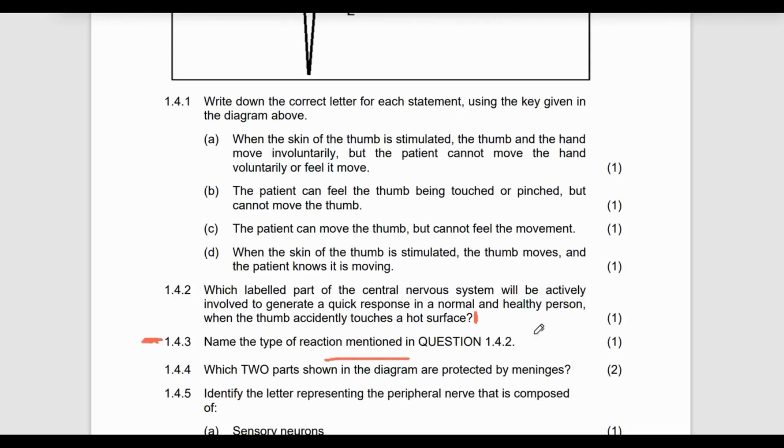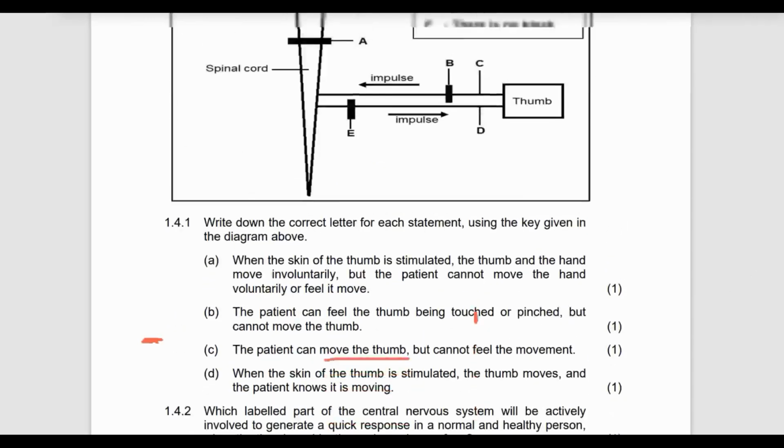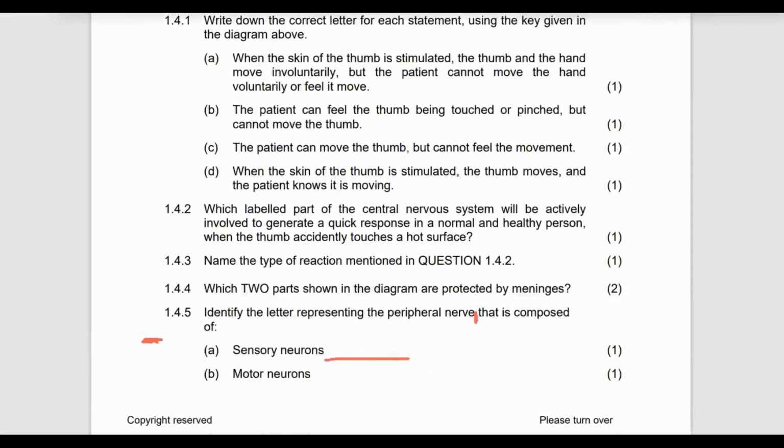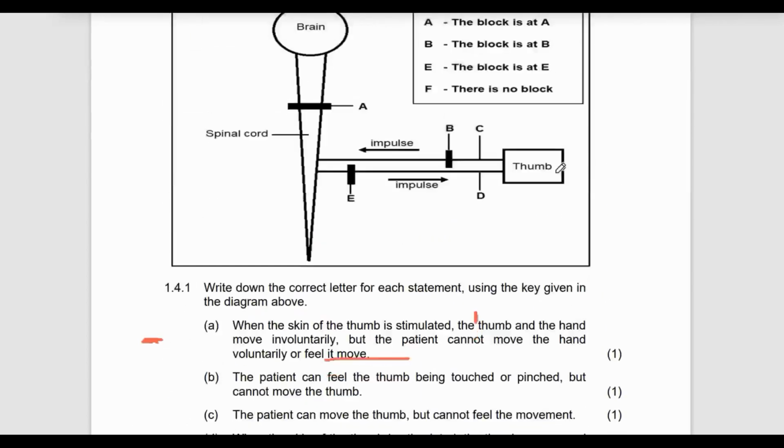A reflex arc is a representation of the nervous system due to this type of response, which is reflex action. This is why in a reflex arc you're going to only have the spinal cord, not the brain.